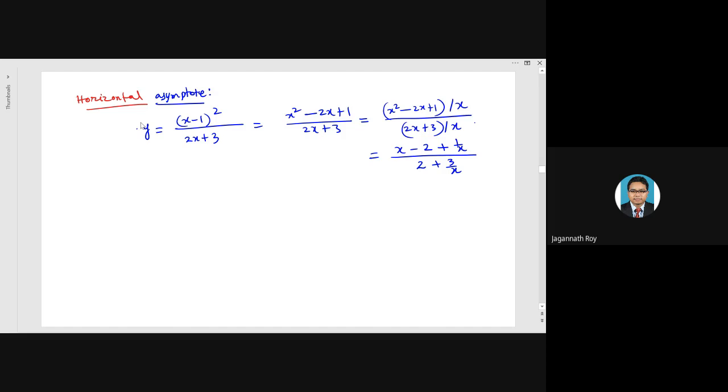Now, if you remember that we have to take the limit x going to plus minus infinity of the same function y equals to f(x). So here we will write this function x minus 2 plus 1 by x divided by 2 plus 3 by x.